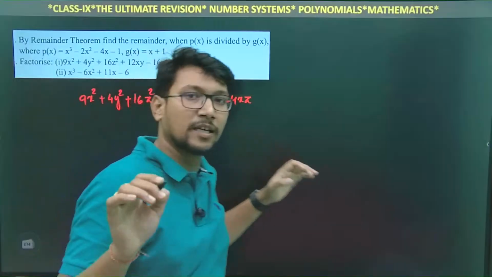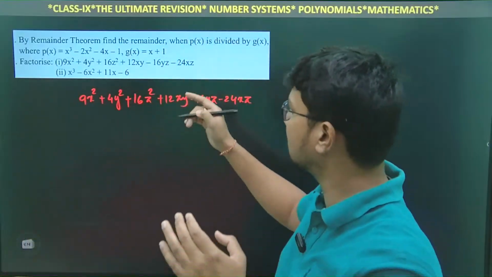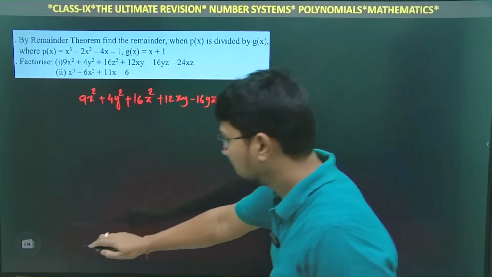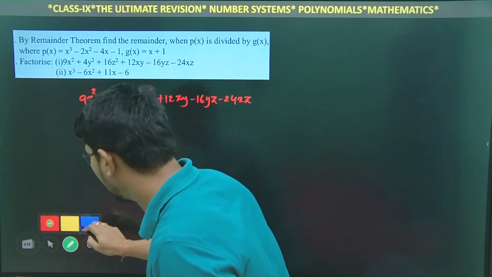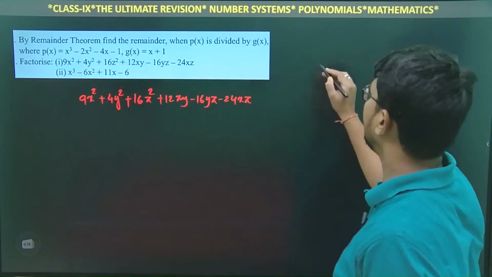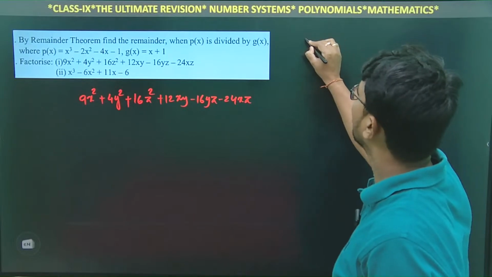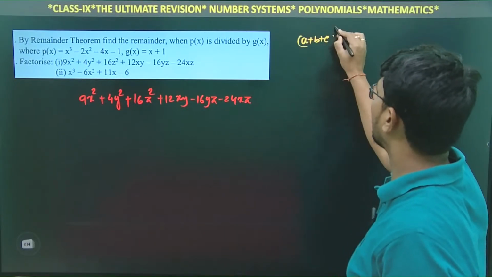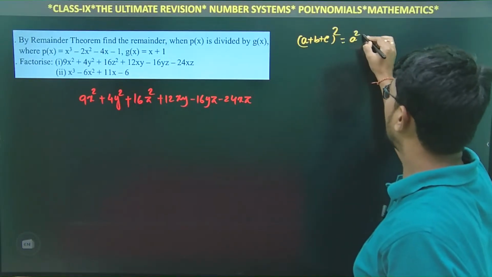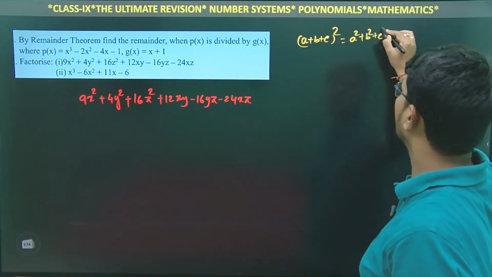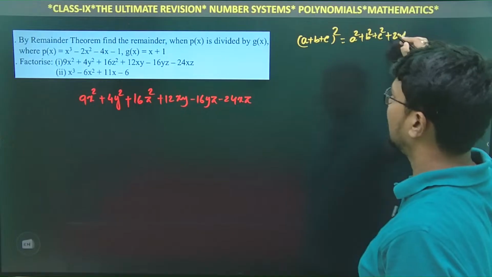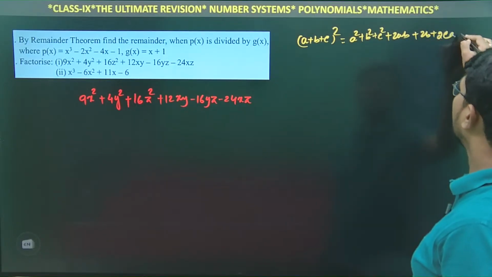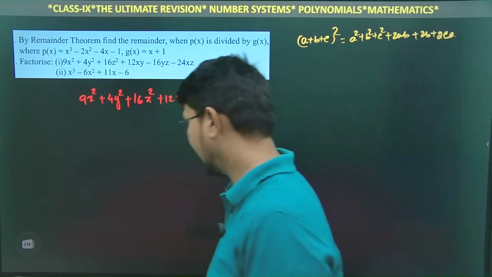For factorizing, keep in your mind, you have to check it is coming from which identity. Who can say which identity? Do you know this identity, everyone? The identity is a plus b plus c whole square, that is a square plus b square plus c square plus 2ab plus 2bc plus 2ca.